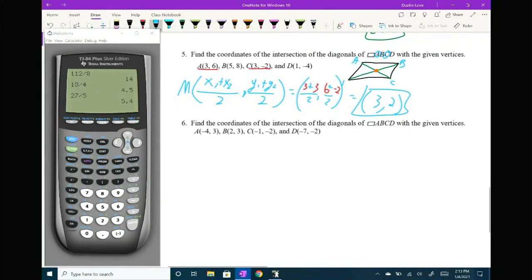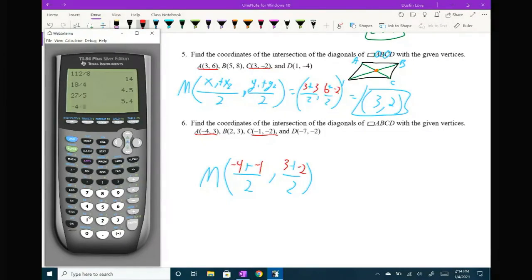Number 6, find the coordinates of the intersection of the diagonals. Exact same idea here. I'm just going to locate the midpoint. We're going to use A and C again. And so now our x coordinates are negative 4 and negative 1. Y coordinates are 3 and negative 2.